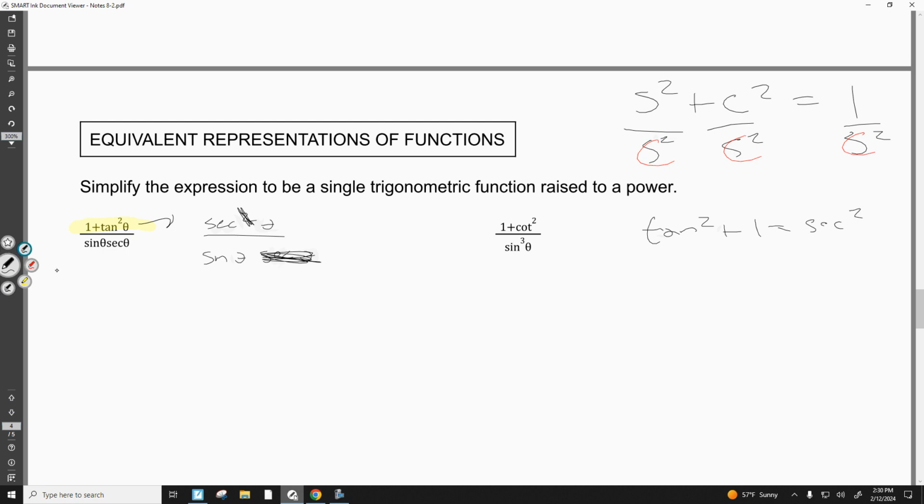It should be sine on the top. Now, if sine is on the top and secant's on the top, secant is equivalent to 1 over cosine in the bottom. All of a sudden, you get tangent.